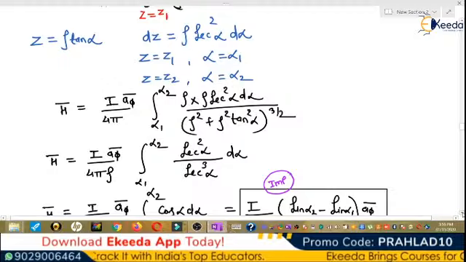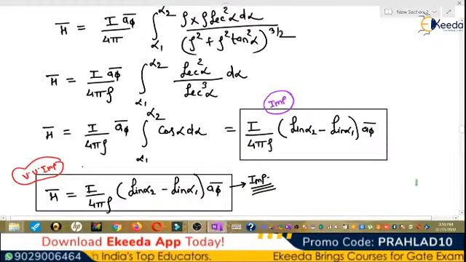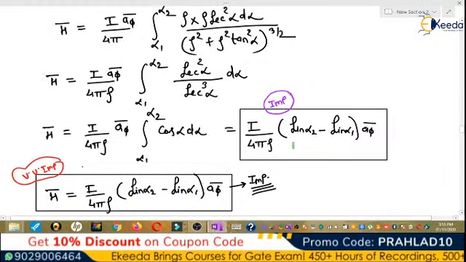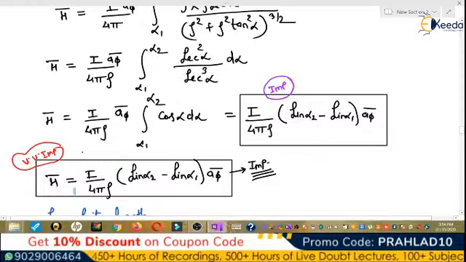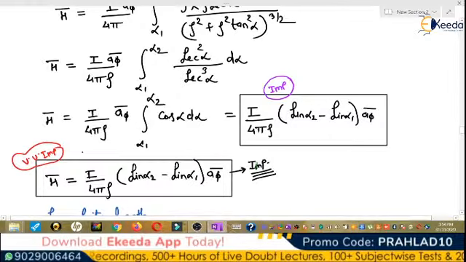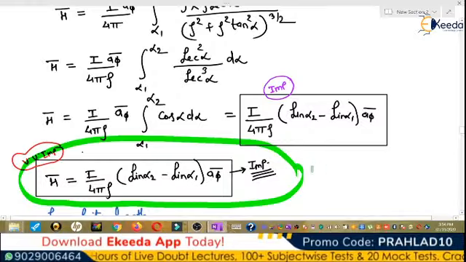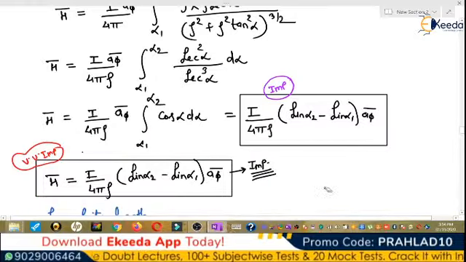So 1 by sec alpha is cos alpha. So when we integrate it, it is sin alpha. So I upon 4 pi rho (sin alpha 2 minus sin alpha 1), and direction is aφ. So this is the magnetic field intensity due to a finite length current carrying wire, and this expression is very important for the GATE exam. So it is I by 4 pi rho (sin alpha 2 minus sin alpha 1) aφ.